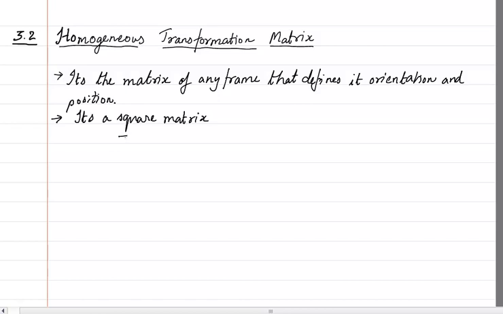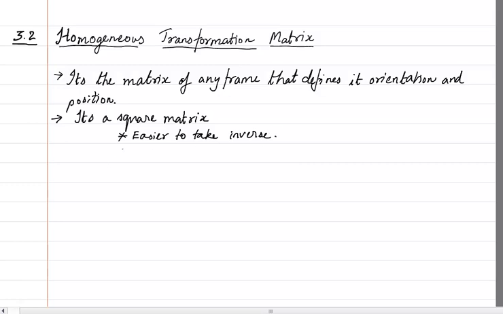So in that case, we can have a square matrix whose inverse can be taken very easily. That's why we have it as a square matrix. So the first reason is easier to take inverse.